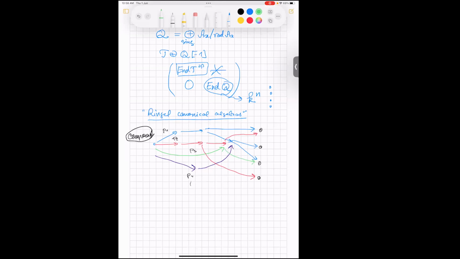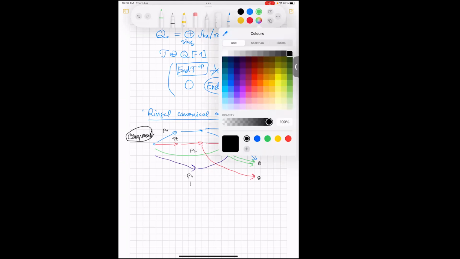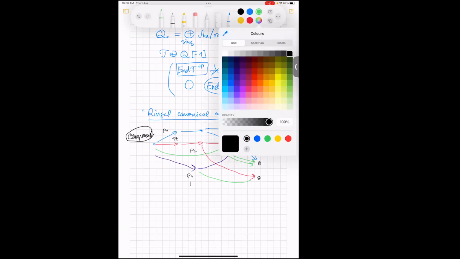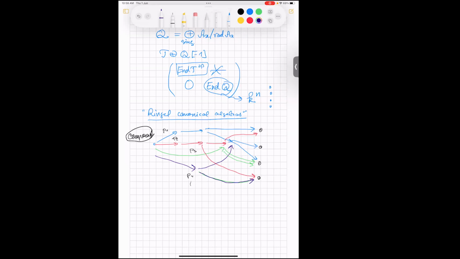You see, these arrows also have colors, corresponding to the colors of the corresponding paths.